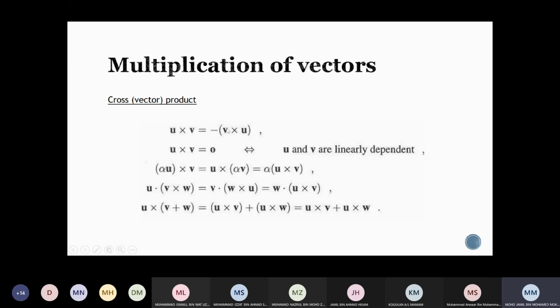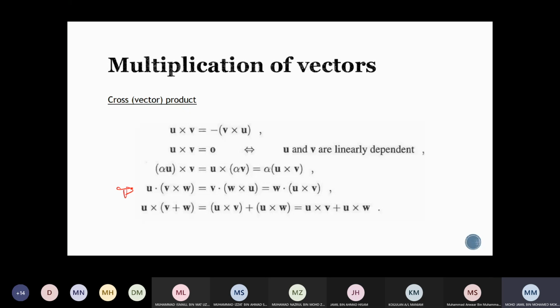So when you terbalikkan cross, it becomes a negative direction. Okay, number 2 ni abaikan. So if you have a constant, the constant can be factorized. Okay, so rules yang number 3 here.